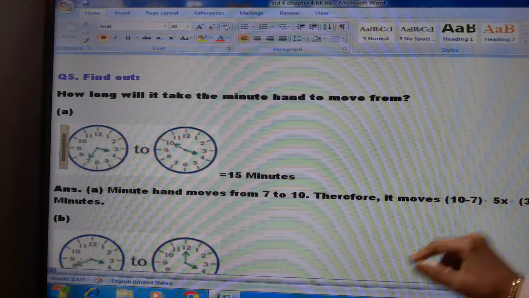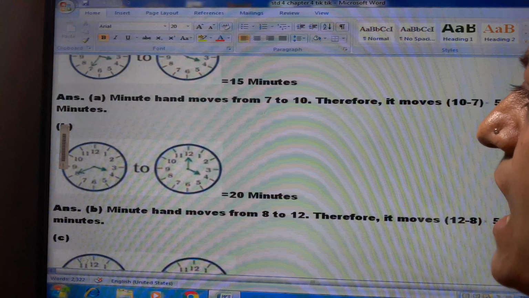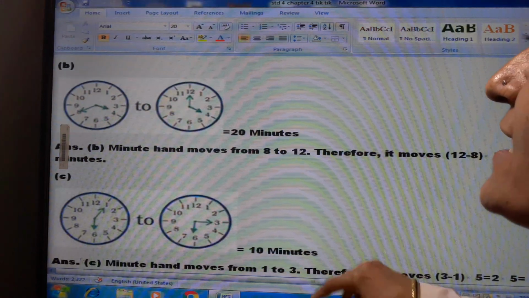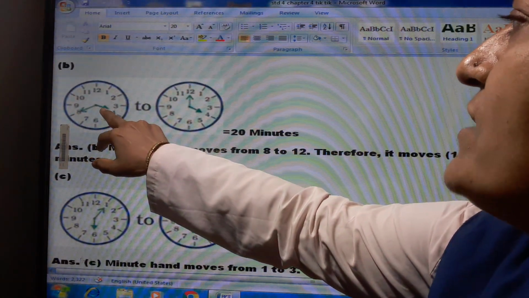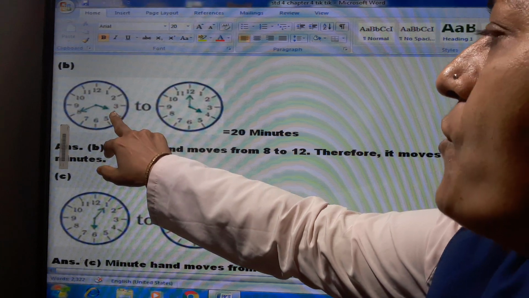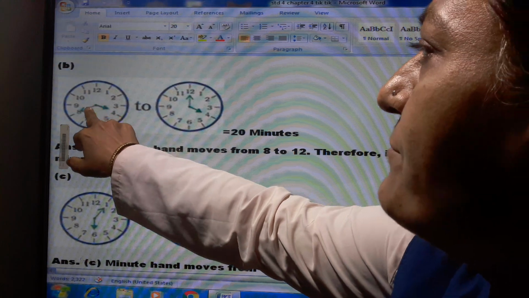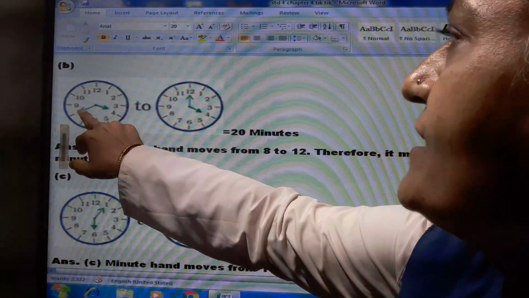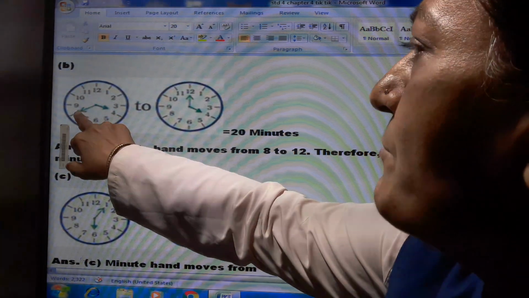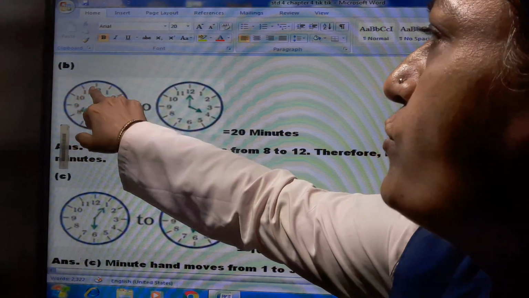3 5s are 15 minutes. Now in the second clock, the hour hand is given between 3 and 4 and the minute hand is given on 8. Now this minute hand moves from 8 to 12.